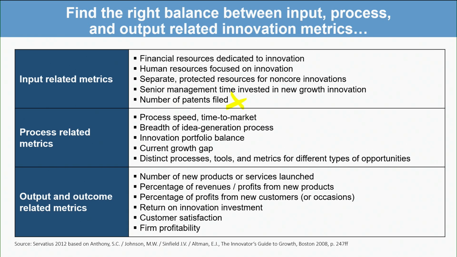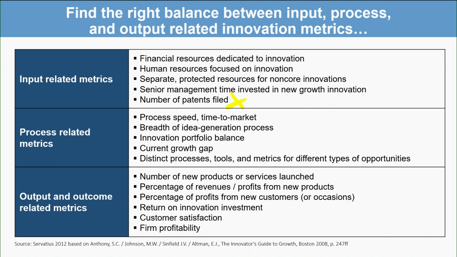This always should be very narrow. At least we should have projects in place that could help us to identify new products and services to close this gap. And then we can measure a lot and look into a long list of distinctive processes, tools, and metrics for other types of opportunities, like how good are we at connecting with suppliers, and so on.